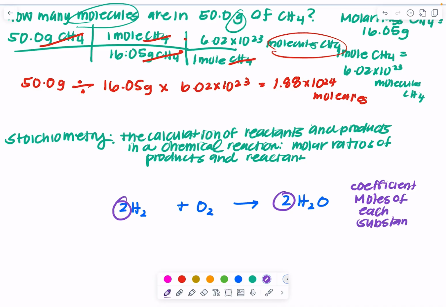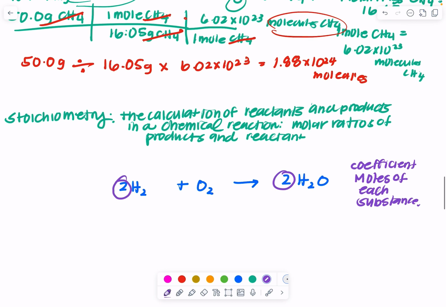And what stoichiometry says is that for every 2 moles of H2, we only need 1 mole of O2. Okay? And if we mix these two together, we're going to make 2 moles of water.